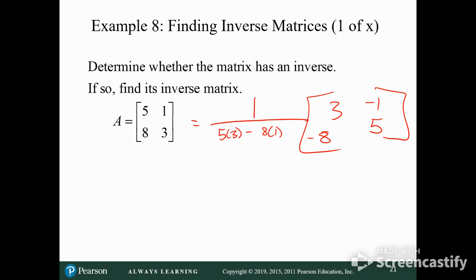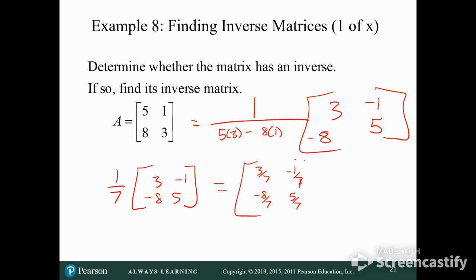What's 15 minus 8? So we have 1/7 of 3, negative 1, negative 8, 5, which is 3/7, negative 1/7, negative 8/7, 5/7. And that's the inverse of this matrix. So this would be A inverse.